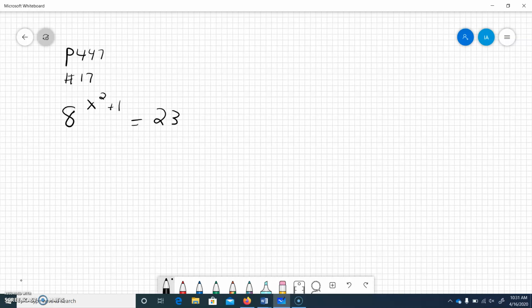What we're going to do here is we need to get the exponential part, the exponent, out from the exponent position. So we need to get it out where we can work with it. So what I'm going to do is I'm going to change this to a logarithm. So we'll have log base 8 of 23 equals x squared plus 1.